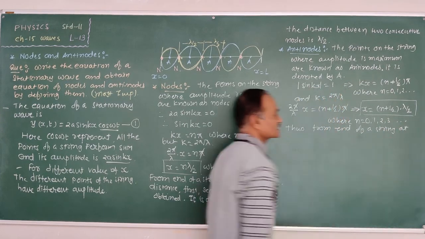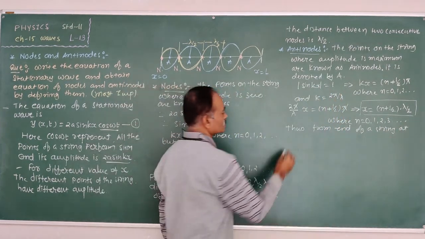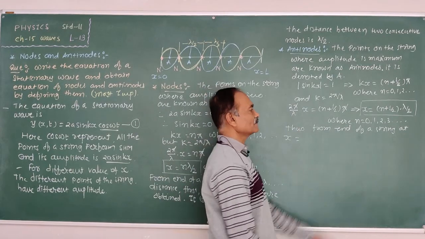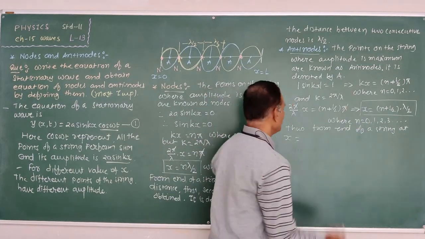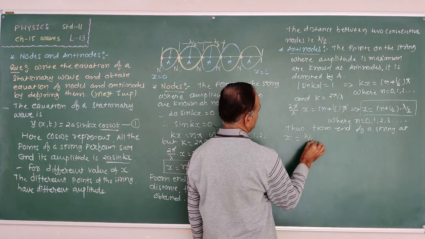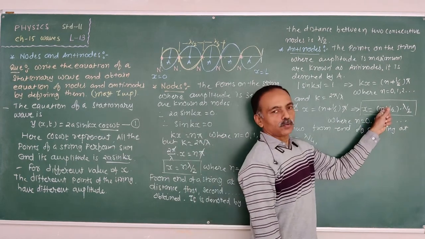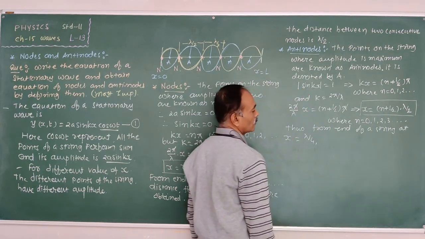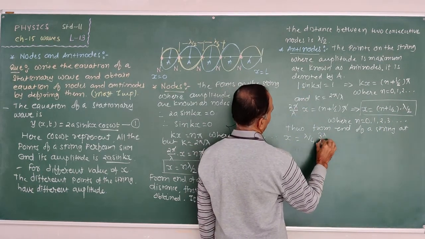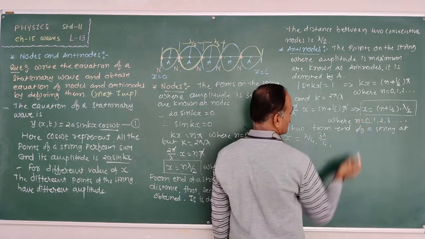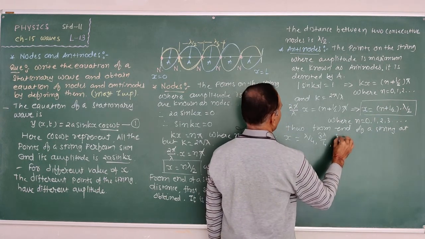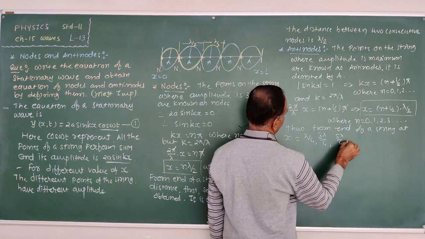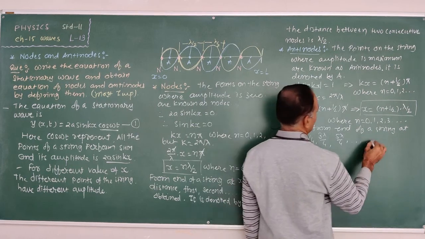Thus, from the end of the string, the distances x: first we substitute n is equal to 0, and we obtain lambda by 4. For n is equal to 1, that is 3 lambda by 4. For n is equal to 2, 5 lambda by 4, and so on.